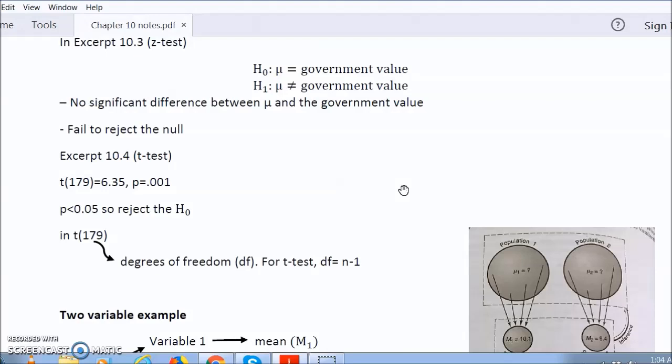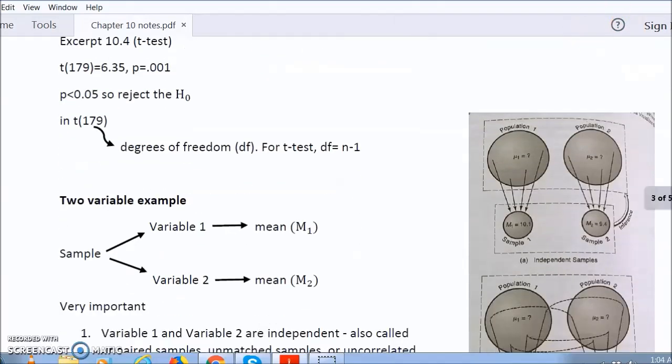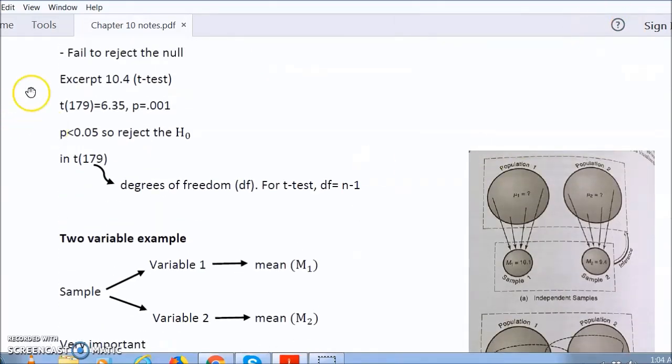Quite often, they state the null hypothesis, but this researcher did not explicitly state it, but we can gather that what they wanted to see is whether the mean collected equals the government value. Now, it could have been stated in the sections prior to this, but not in the part that is given over here.